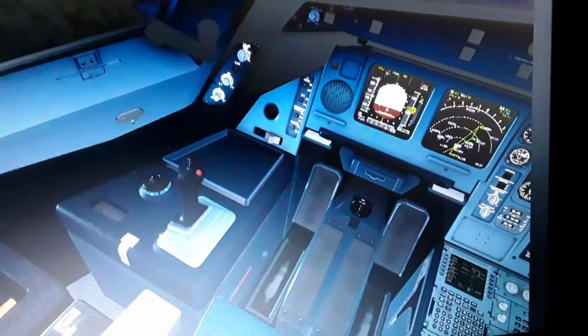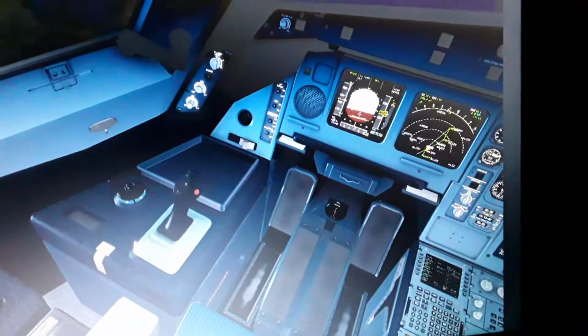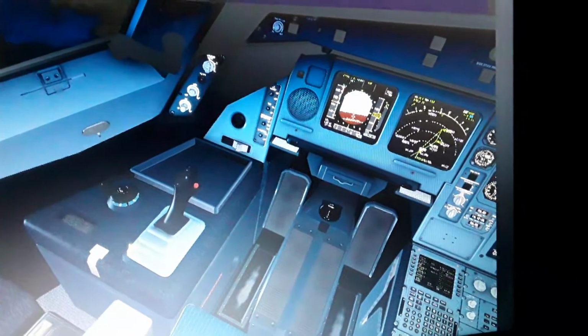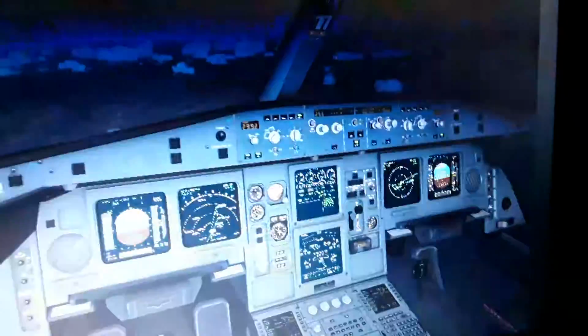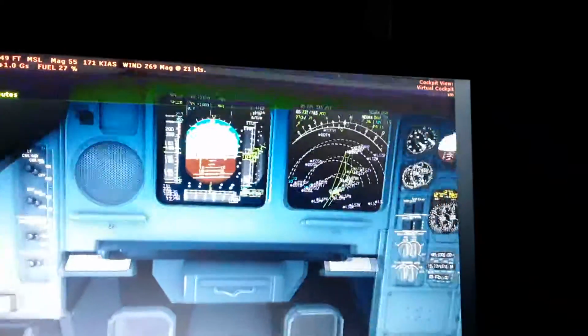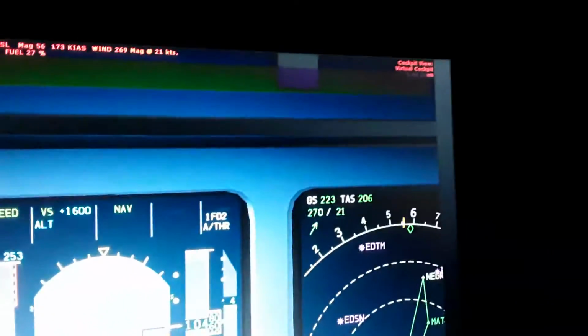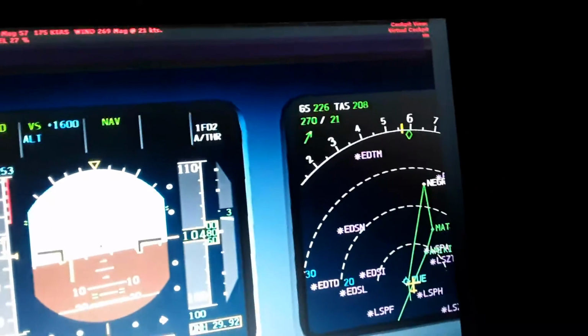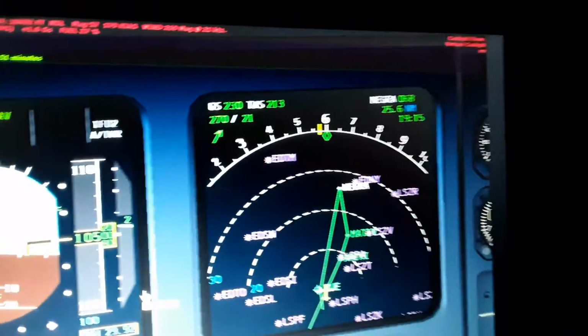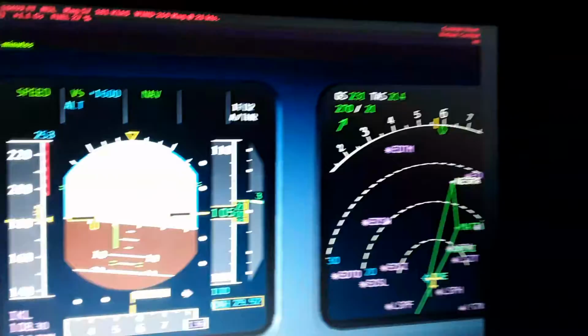You can see I'm using the side stick to fly the aircraft, which commands the flight control computer to command load factor change for the aircraft, which is independent of airspeed, as they say in the FCOMs, the flight crew operating manuals.